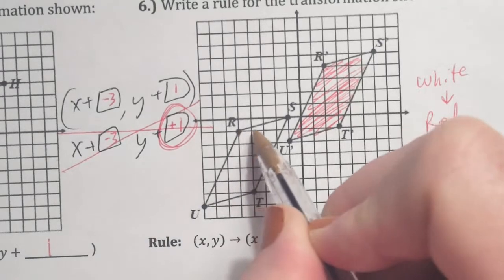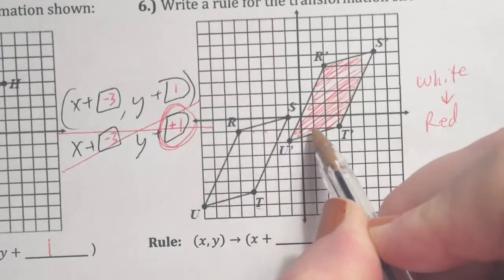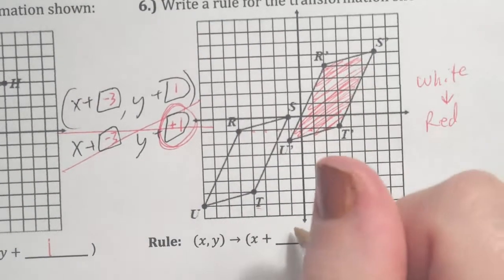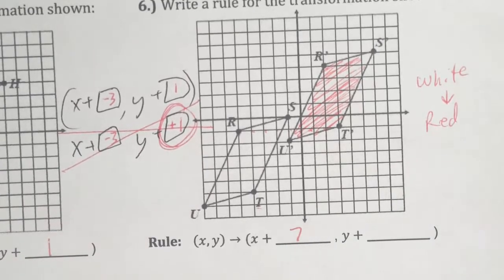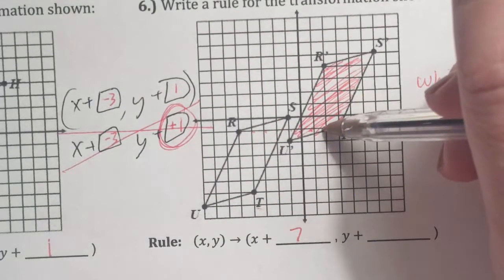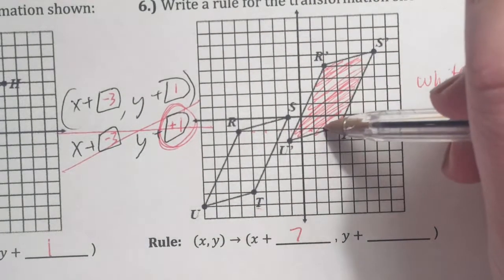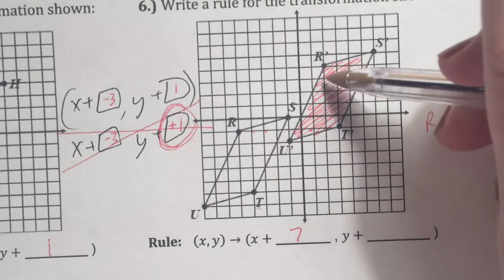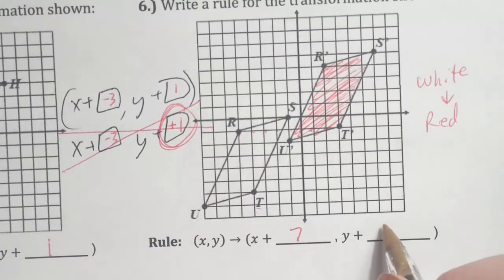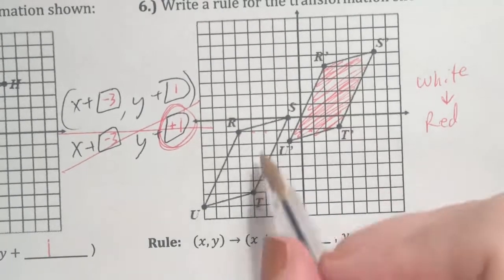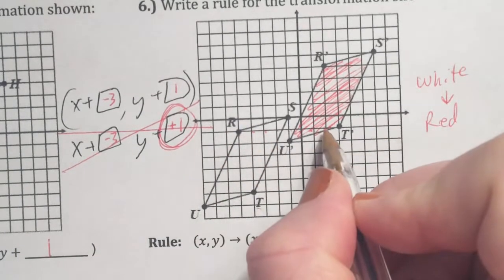Let's double check that. 1, 2, 3, 4, 5, 6, 7. Yep, that's 7. So that's positive 7. And then you would go up 1, 2, 3, 4, 5. So that'd be 7, 5, and that's it. So went over 7, up 5.